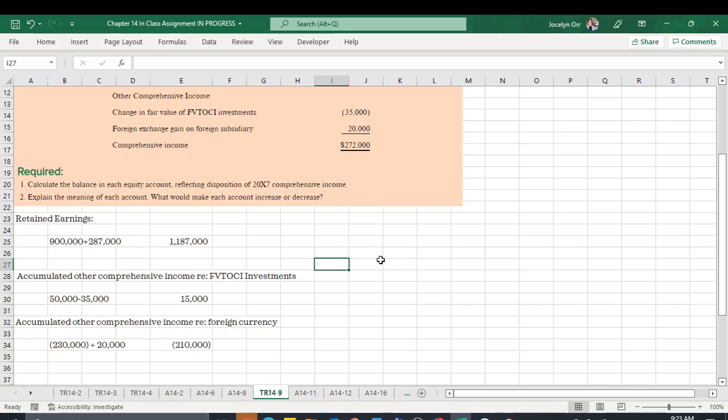The reserve for our fair value investments represents our recorded unrealized changes in fair value. The reserve increases or is a credit when fair value increases, and it decreases when fair value decreases. Realized amounts may be transferred to retained earnings if the company chooses, but not to earnings.